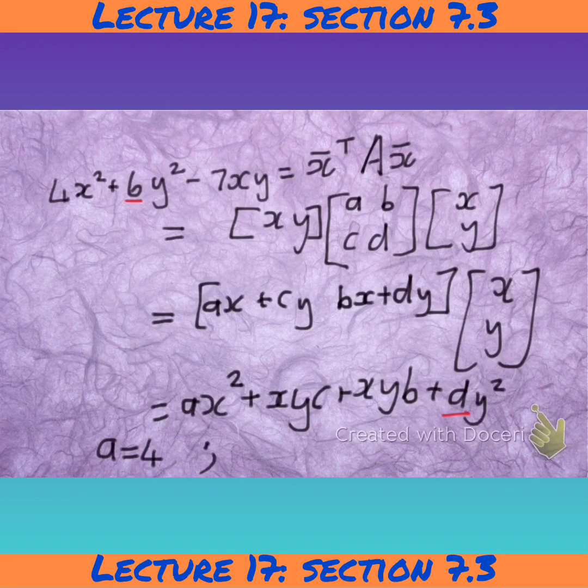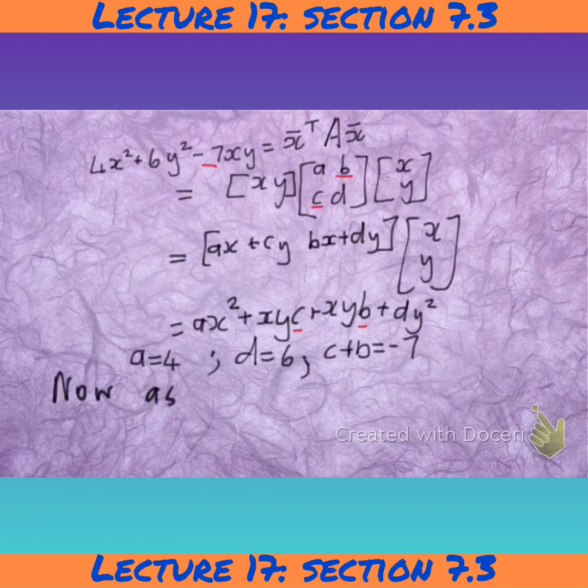We need D to be 6. And we need C plus B to be equal to minus 7. So we need C plus B equal to minus 7. Now remember, the matrix A needs to be symmetric. So C and B need to be the same.